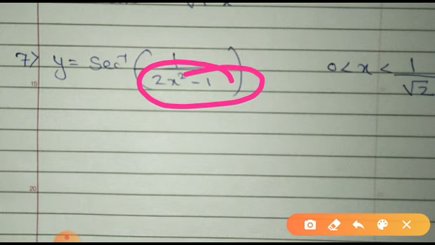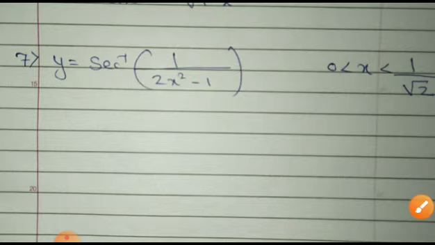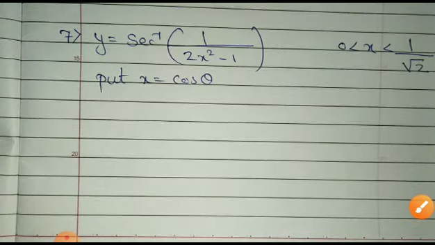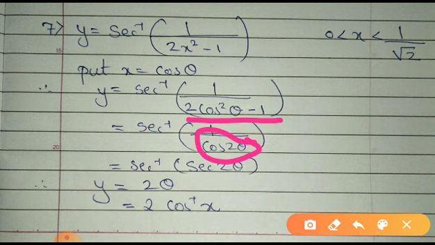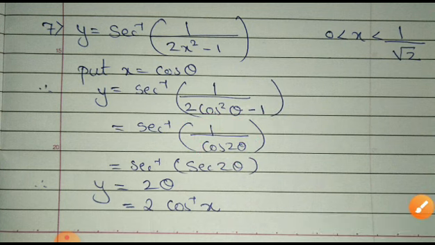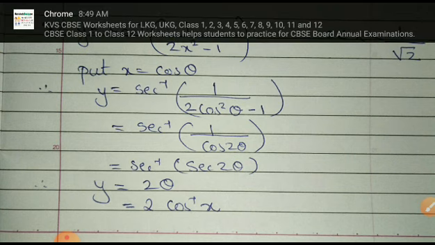So what should be my substitution? The substitution should be x as cos theta. So substitute it, and you'll be getting 2 cos square theta minus 1, which is nothing but cos 2 theta. So 1 by cos 2 theta is sec 2 theta, and hence I'll get y as 2 theta.